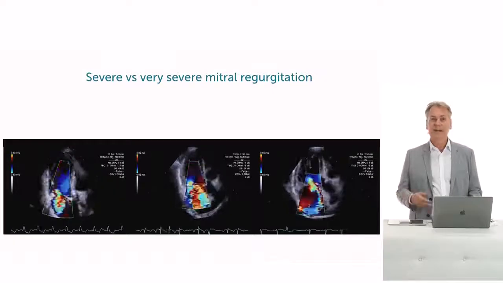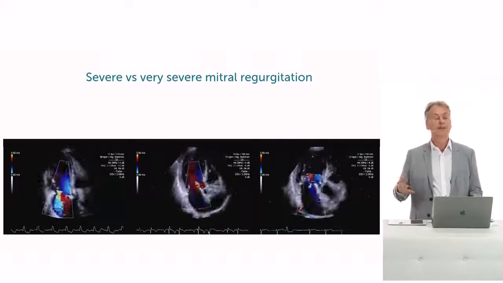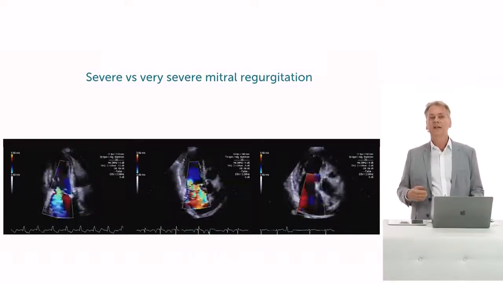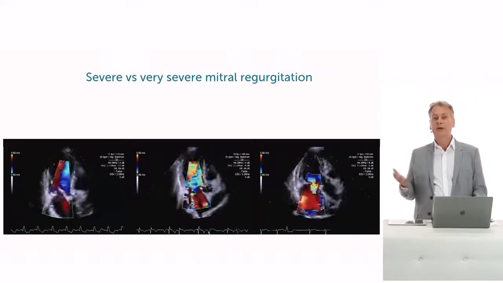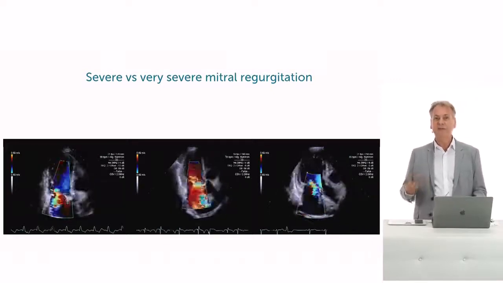Well, yes, we have different mechanisms here, but only looking at the magnitude of mitral regurgitation, I always ask myself, is it really enough if we quantify regurgitation as mild, moderate, severe? In this case, we have severe and very severe and maybe severe, severe forms. So probably these patients need different forms of treatment. Probably it also affects the left ventricle differently.